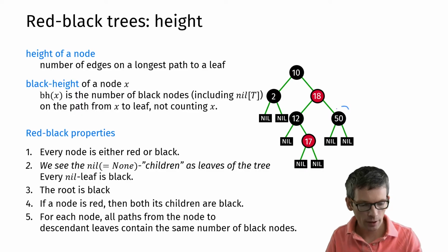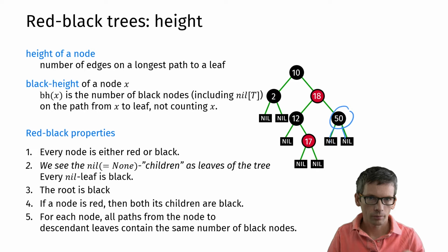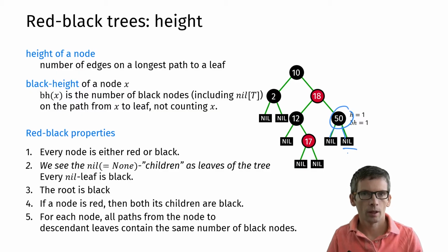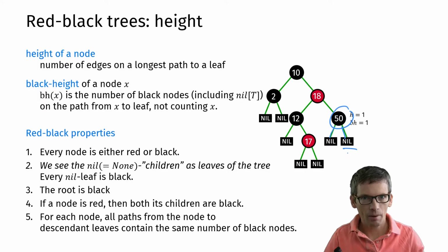So if we take, for instance, a 50 here, then a path to a leaf contains 1 black node, namely the nil node. And again, because of property 5, all of these paths have the same black length, so for the black height I can take any of these paths.